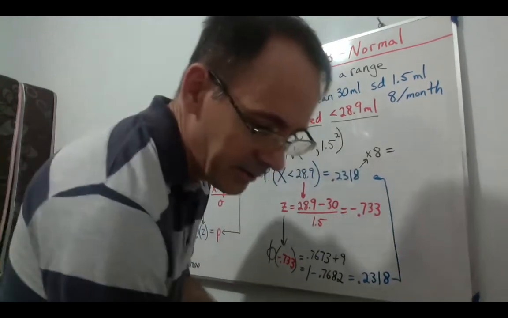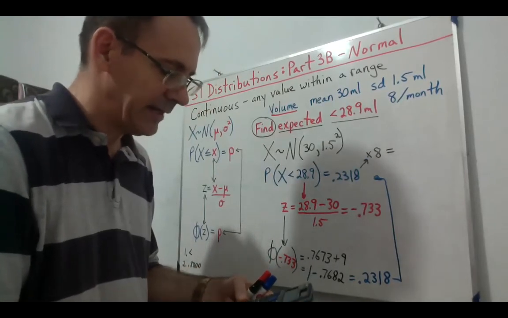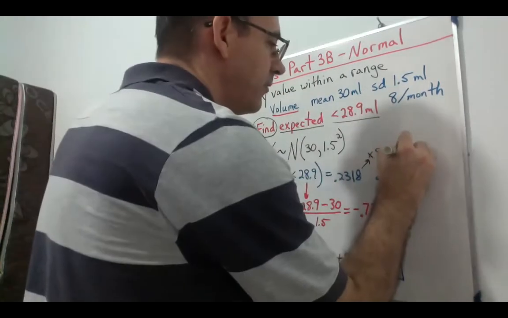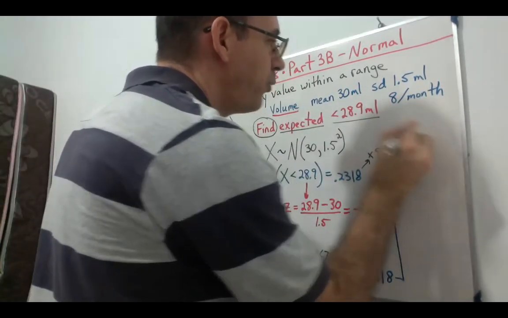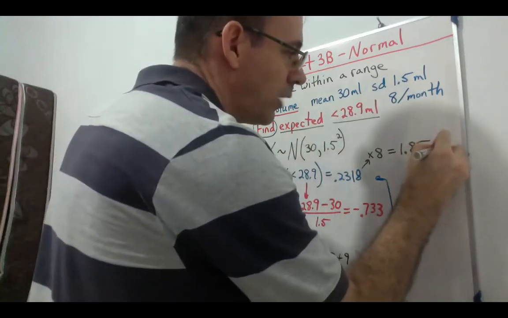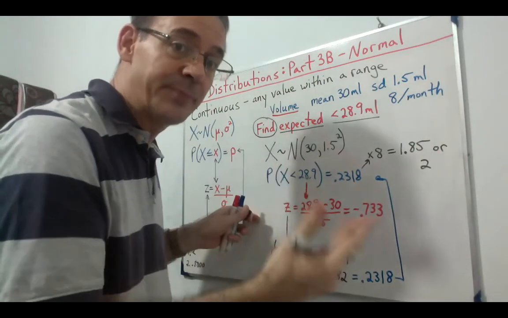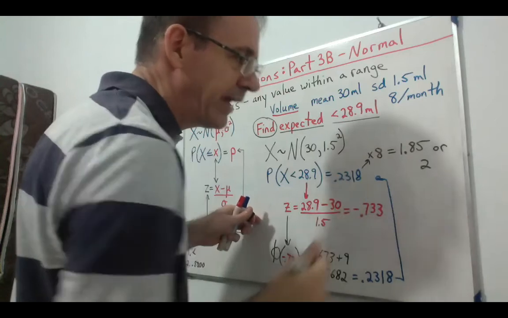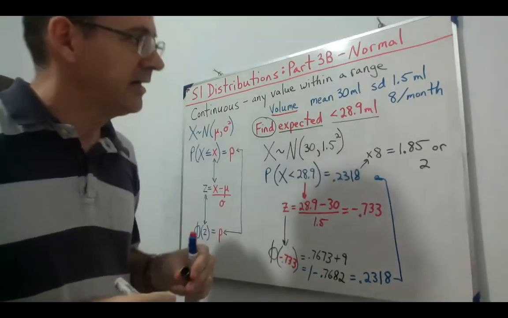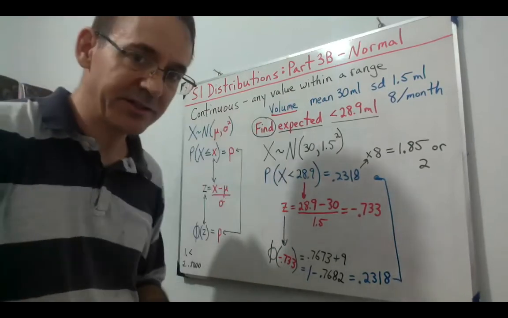So we take 0.2318 times 8 equals 1.85. So we would expect 1.85 of those cartridges, or if you wanted to, you could round it up to 2. We would expect 2 of those cartridges, or 1.85 of those cartridges, to be less than 28.9 milliliters under these conditions.